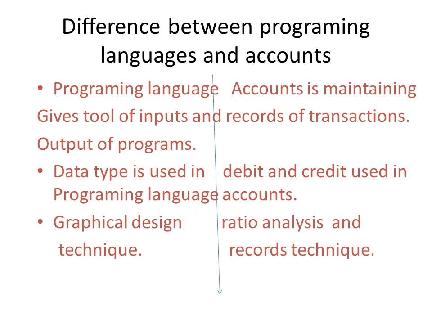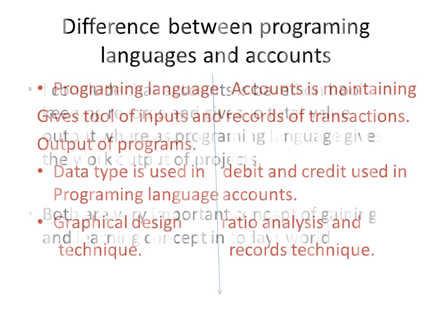In accounts there are many ratios, the gross profit ratio, net profit ratio, and many other ratios. That technique is used in ratio analysis. Even though these are two techniques, there are many techniques used in both programming languages and accounts. So let's see the next slide.